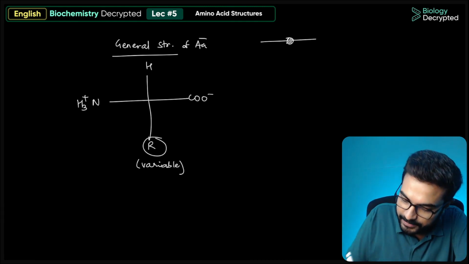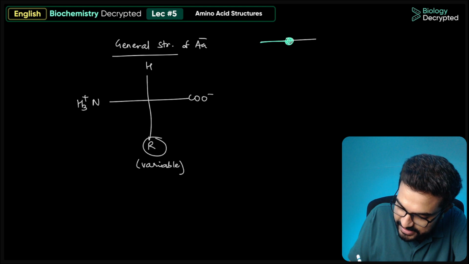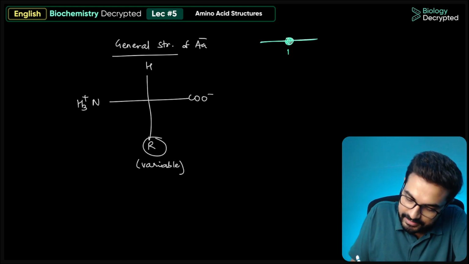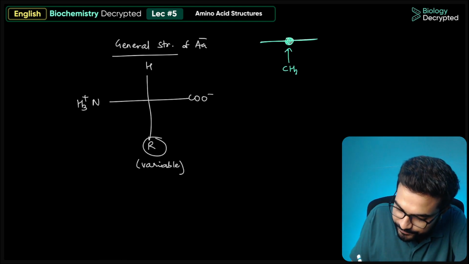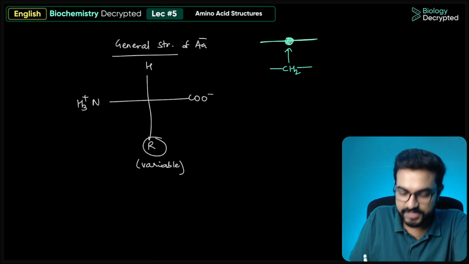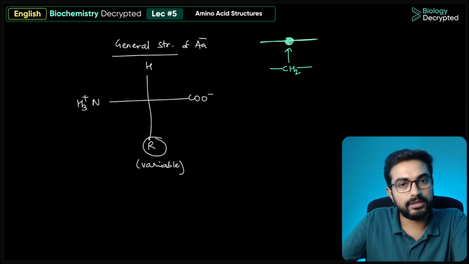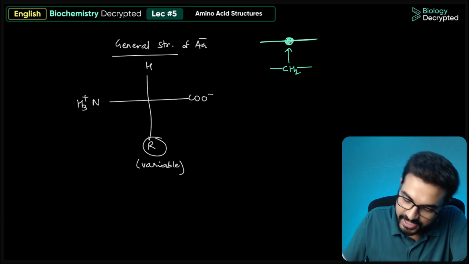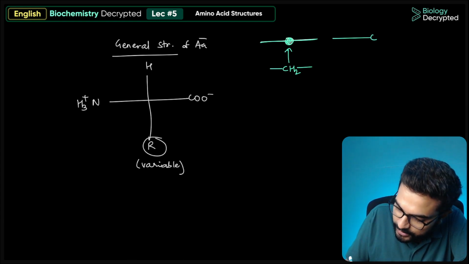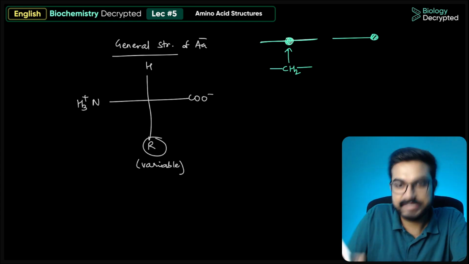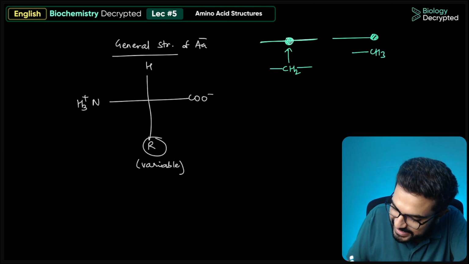This is an example of a methylene group. This is how we show methylene groups, that is bond CH2 bond. And if I talk about a methyl group, then I'll draw it like this. This is how I'll represent a CH3 group.